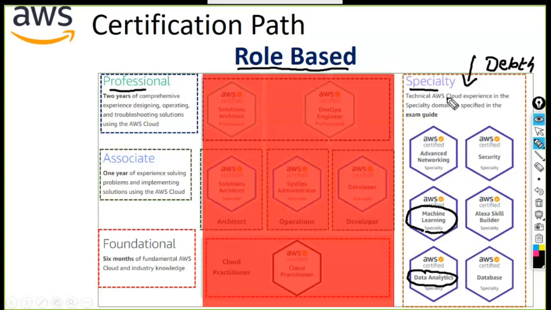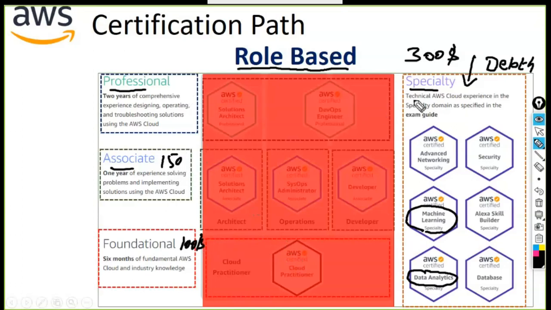Compared to specialty, professional is the toughest exam. Specialty is somewhat easier when compared to the professional, but both cost $300. Associate level certifications are all $150. Foundational certification costs you $100. If you want to appear for cloud practitioner, it's $100, wherein for associate it is $150.